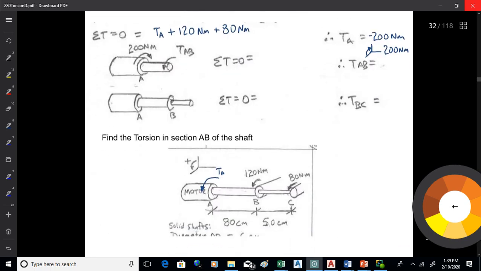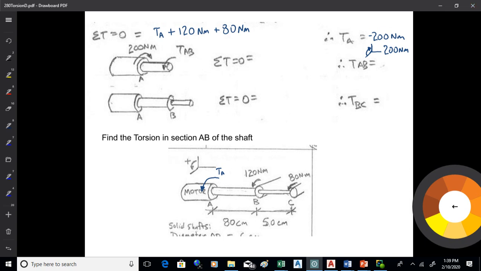I've got the sum of torsions is 0, so I can find that torsion at A, okay? So what I've got then is the torsion at A is negative 200 Newton meters, because you can see I've got the 120 and the 80 at the pulleys.